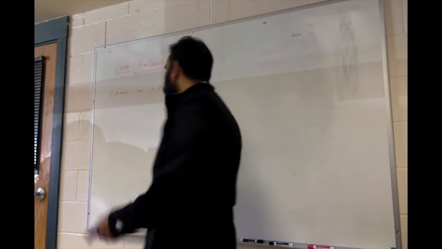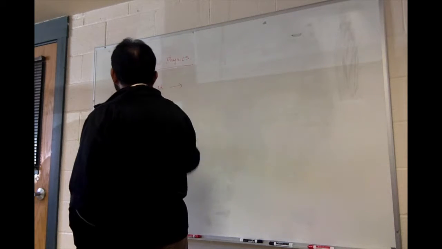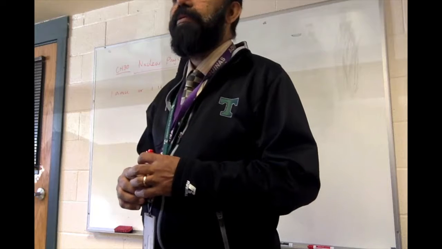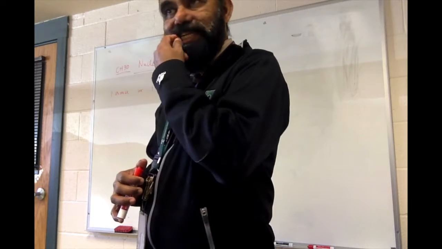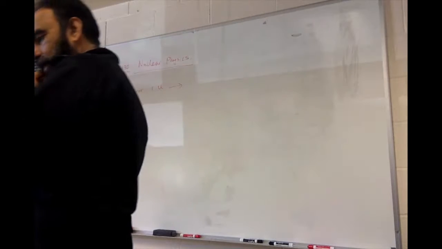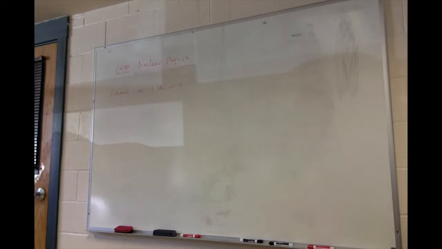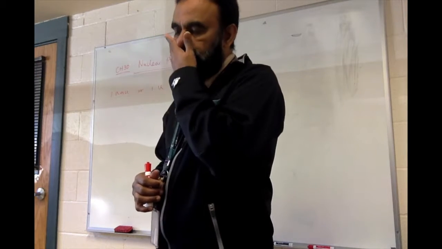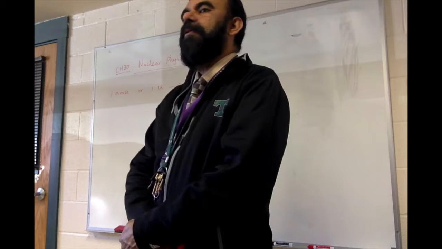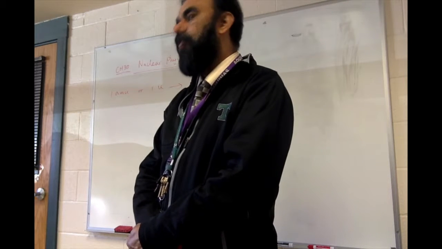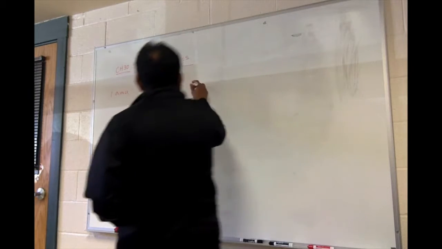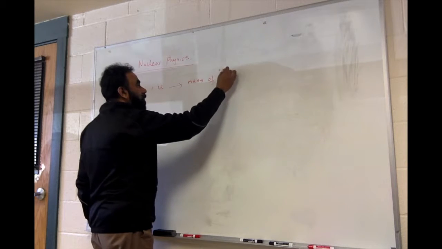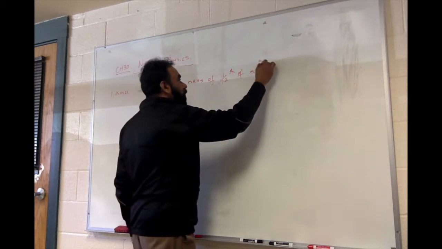And the definition of 1 atomic mass unit is this. Okay, write down the definition. Definition of 1 atomic mass unit: it's the mass of 1/12 of a carbon-12 atom.